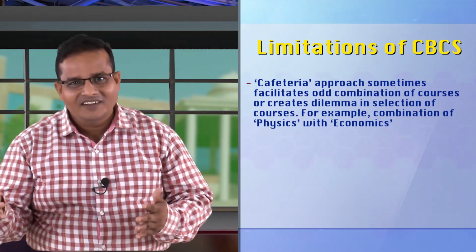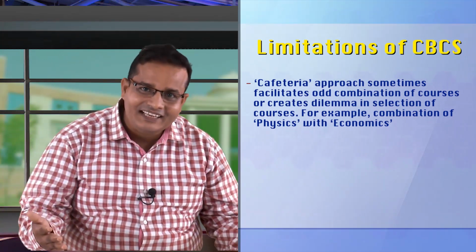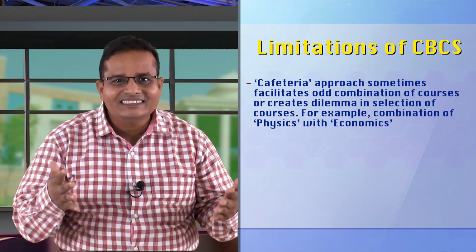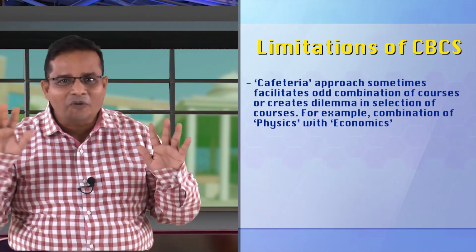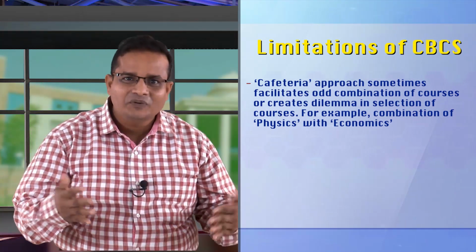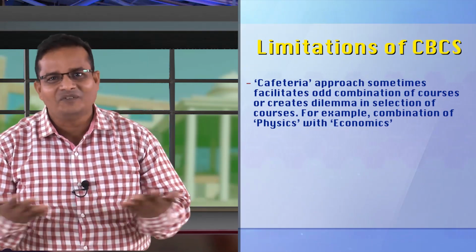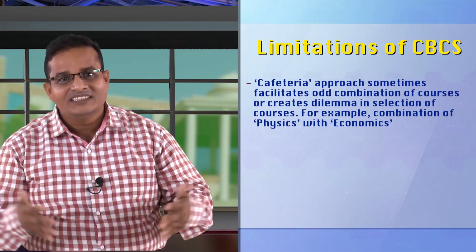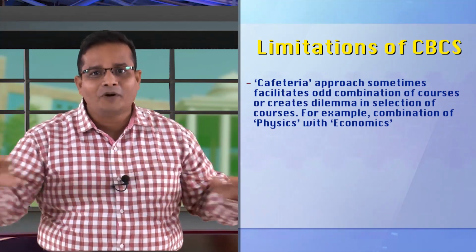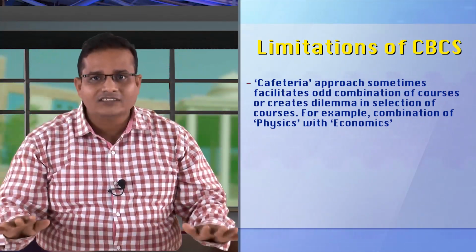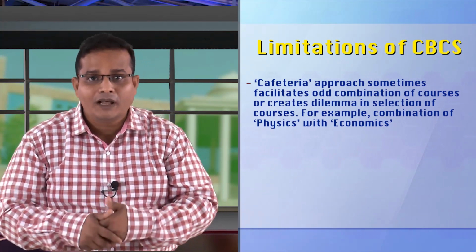For example, sometimes students, for the sake of selecting variety, select odd combination of courses like combination of physics with economics or mathematics with language. This kind of selection in later stage creates many problems for the learners for their learning attainment or better performance in learning.